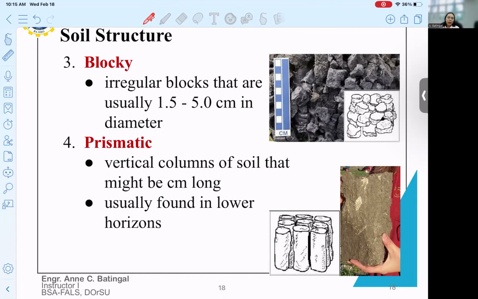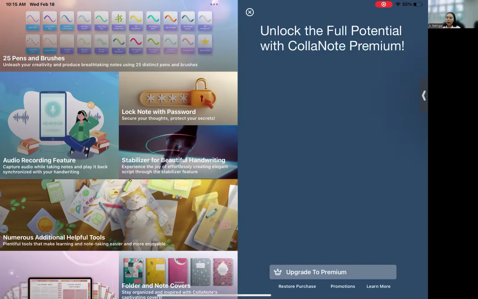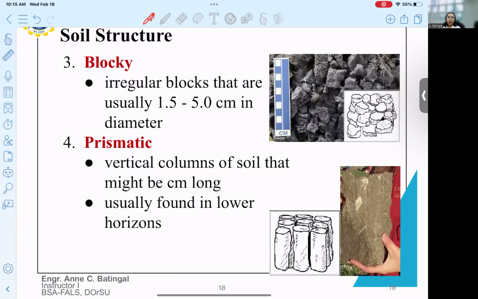So in blocky soil kasi water and air movement is still limited. So it is very tough or it is very difficult for your plants to grow. Asa man nato makita again imong blocky soils? Your blocky soils is common in areas with heavy clay type na soil kapag daghan ang iyahang clay component.